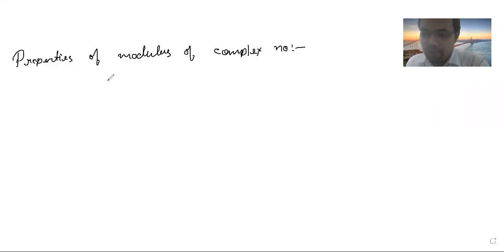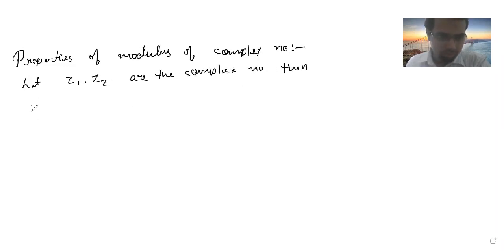The first property is, let z1 and z2 be complex numbers. Then the first is, mod of minus z1 will be equal to mod of z1 only.